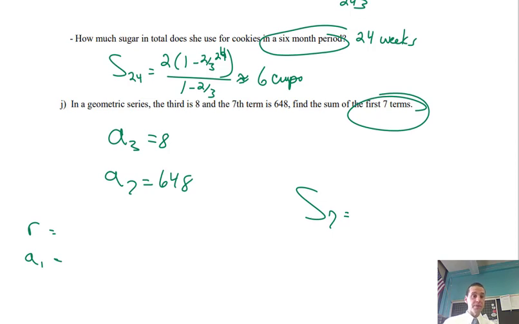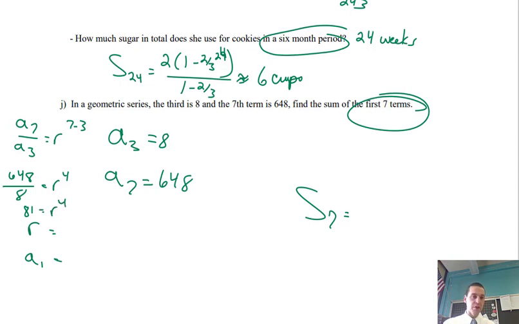So what do we do? Well, we go back to how do we find R? And we talked about this at the end of 2 videos ago. You have the 2 terms, A7 over A3 being divided equals R to the 7 minus 3. What is A7? 648 divided by 8 equals R to the 4th. 648 divided by 8 is 81.